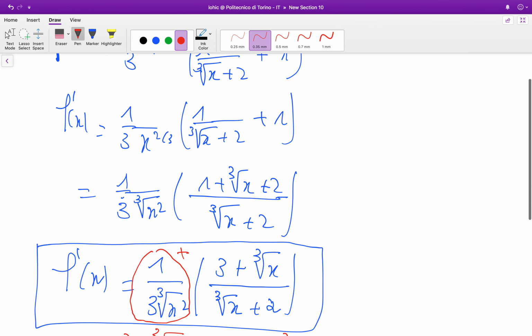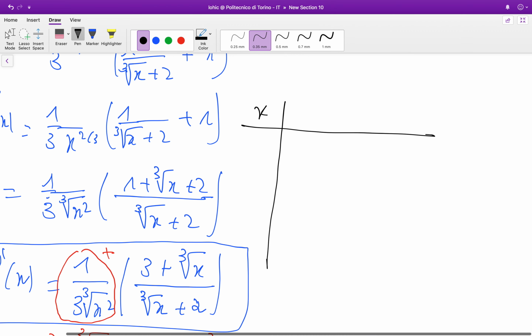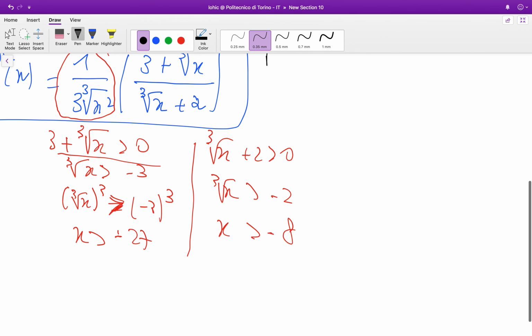Now let me study the sign of the derivative here. The derivative will be like this. We have x, we write down all the domain here, minus infinity. We also saw minus 8, and 0, which was the not differentiable point, and many other points, minus 27 also.